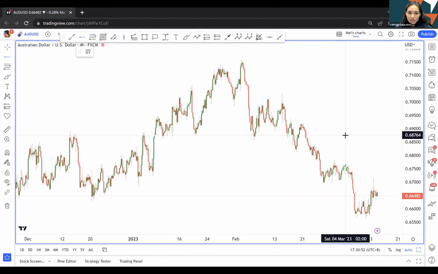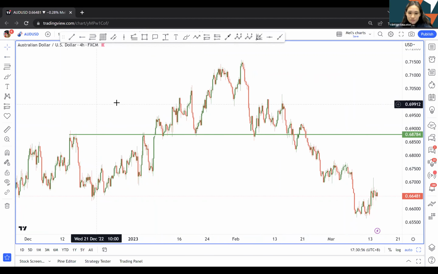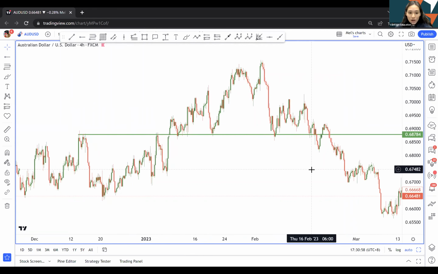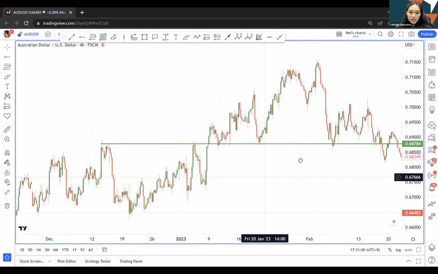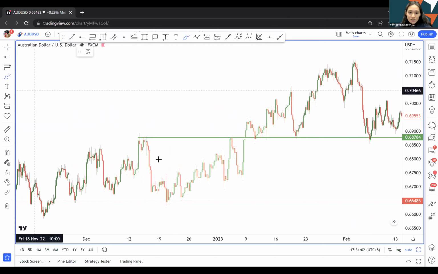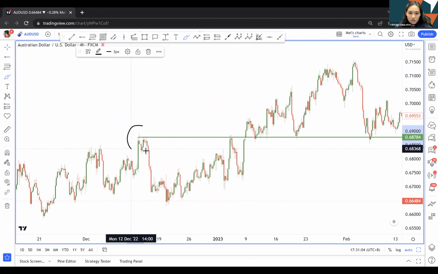I can see over here there is a pretty significant level. Why? Because if you take a look here, price has one significant swing high, two swing highs, and then we can see price broke through this level. Let me just label it.